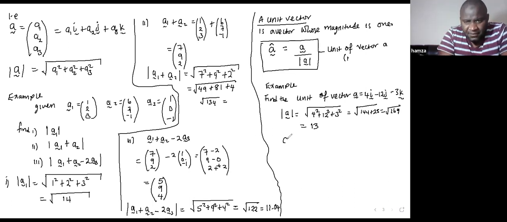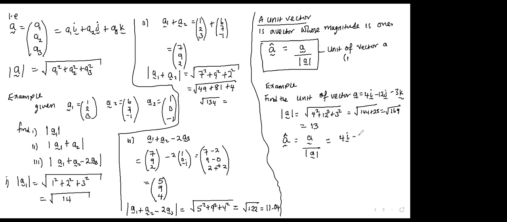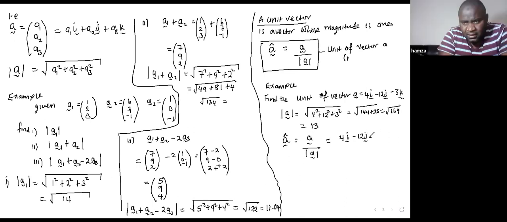So to find the unit vector of A, it's going to be the vector A itself divided by its what? Magnitude. This will be 4i minus 12j minus 3k, all divided by 13.